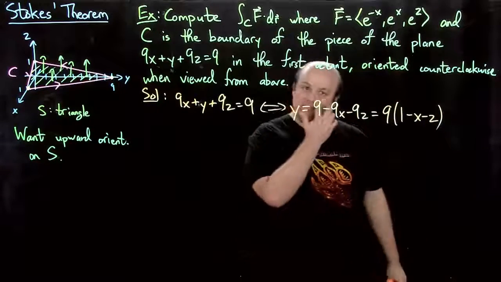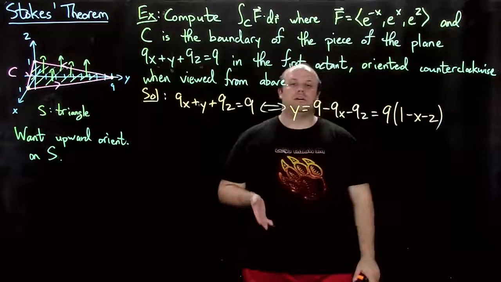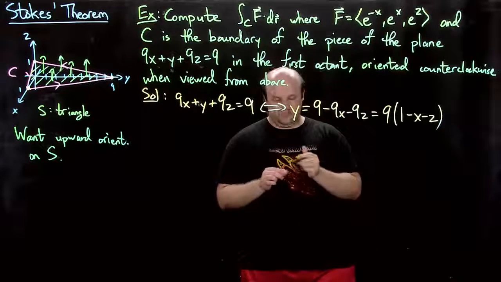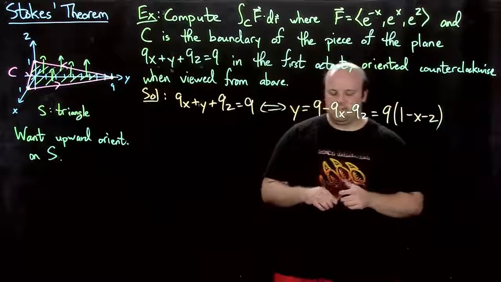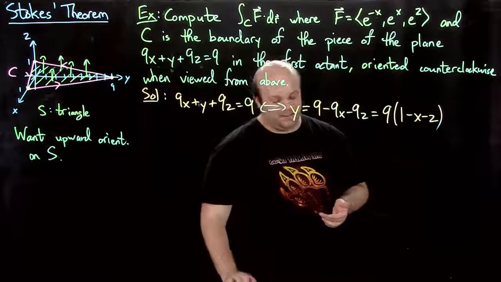If we solve for either of the other 2 variables, we'd be dividing by 9s, and I don't really like a 1 over 9 if you can avoid it.